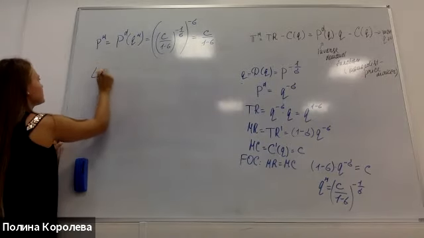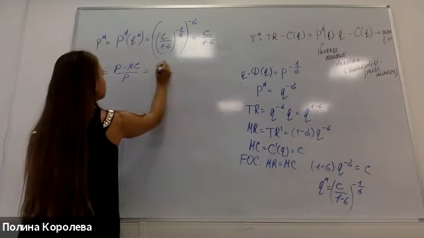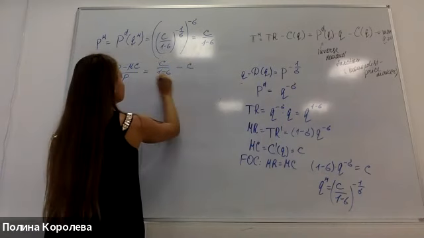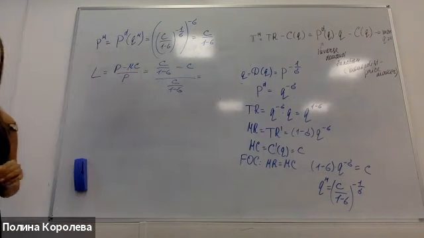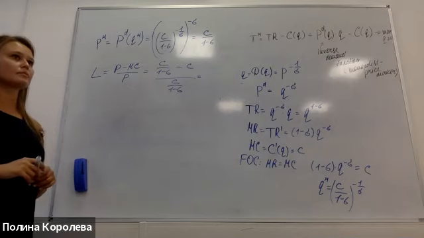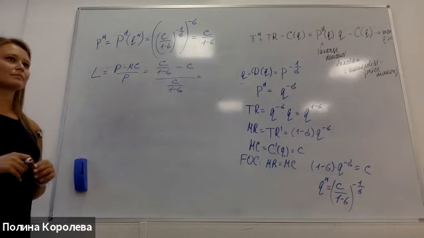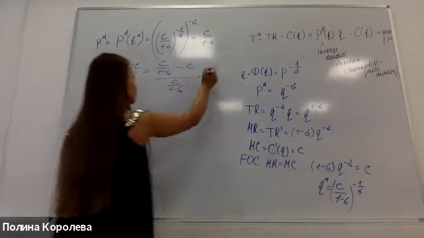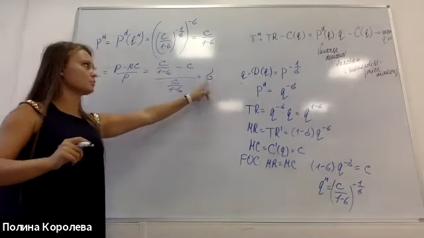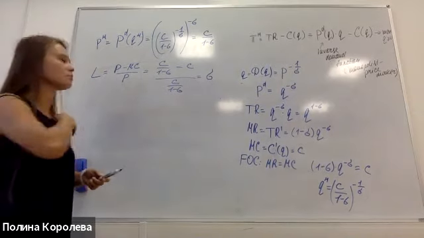So let's write down the Lerner index. How much will it be? 1 minus sigma. So this sigma will tell us about the degree of market power for each market, for each monopolist.